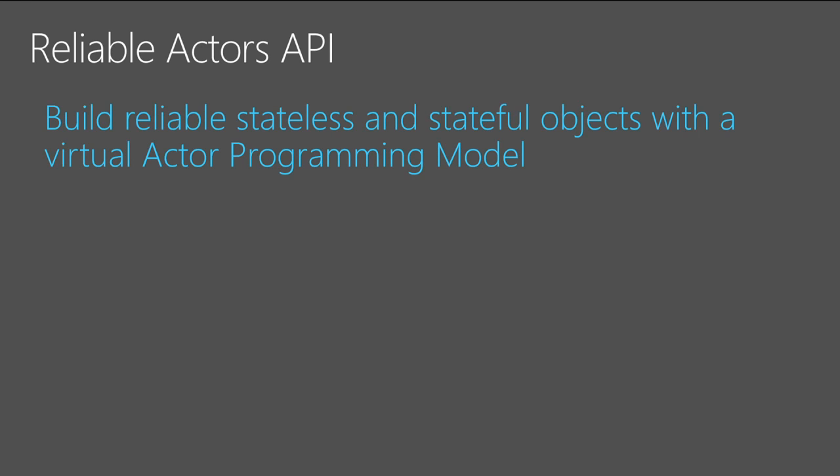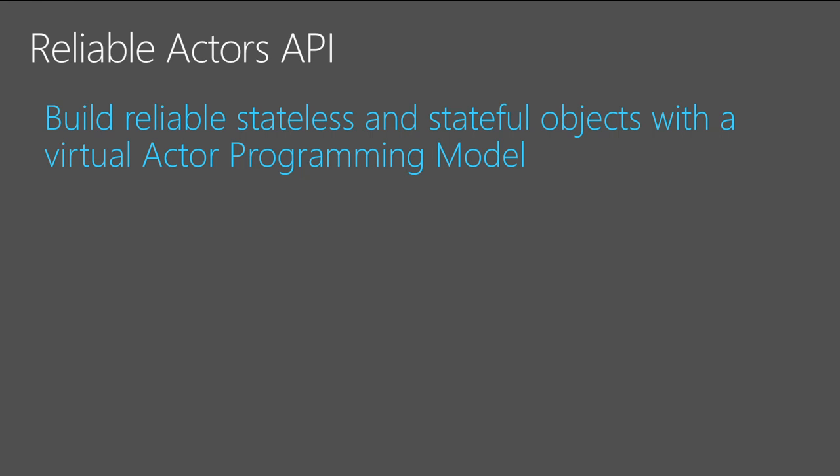So we'll take a look at the Reliable Actor API first. The Reliable Actor API is based on the virtual actor model, which is a model of concurrent systems that actually originated in the 70s. It's meant to make reasoning about distributed systems much simpler, much easier, by representing units of state and computation as a single threaded model, essentially.